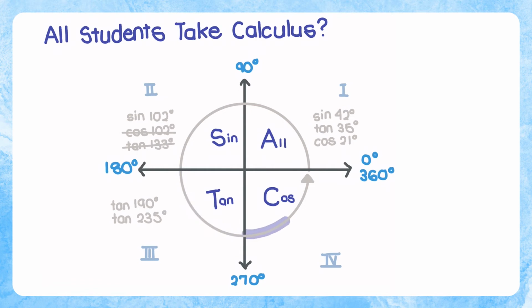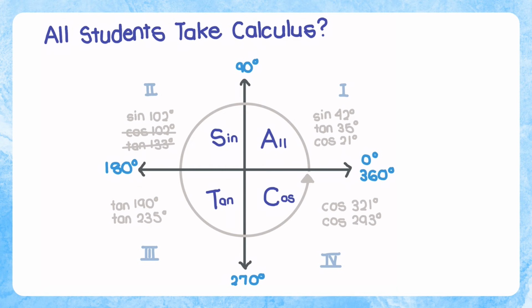And lastly, in quadrant 4, so anything between 270 and 360 degrees, only cosine of those angles would result in a positive answer. So if your angle is between 270 and 360 degrees, only the cosine functions would result in a positive answer.